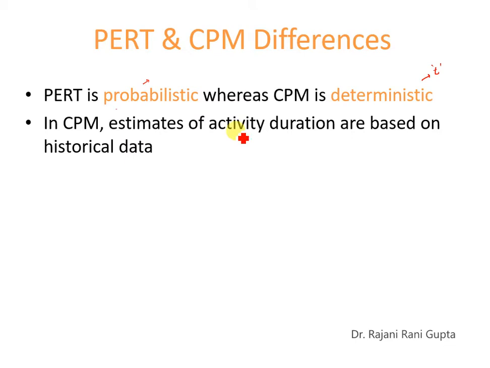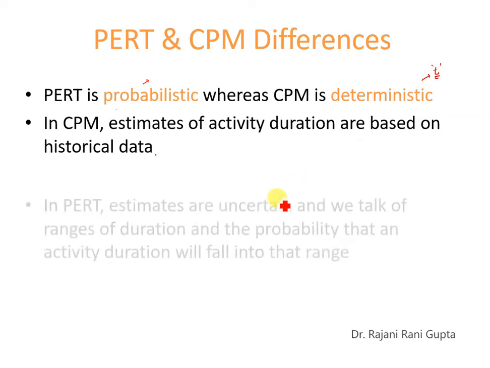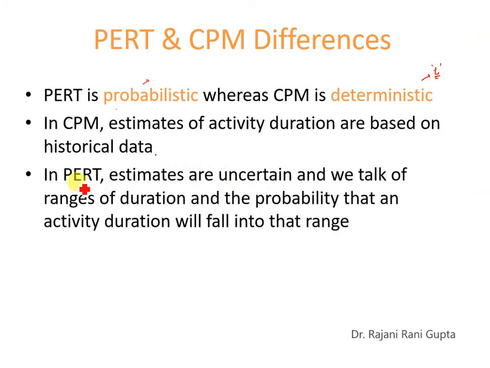In CPM, the estimates of activity duration are based on historical data, the data which is already available from previous studies. Whereas in the PERT technique, the estimates are uncertain and we talk of ranges of duration and the probability that an activity duration will fall into that range.